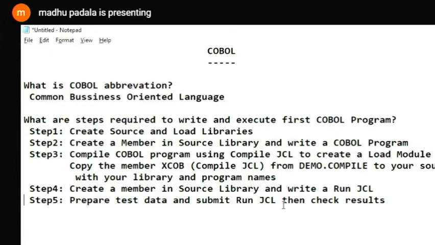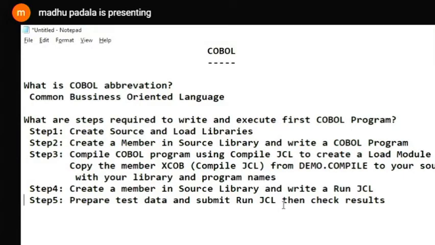So processing logic means I'm taking an input file, and for example, for each employee there is a hike percentage given. Based on the hike percentage, I need to update the salary of the employees in the database. That's my requirement. So I have the input file as a PS file.